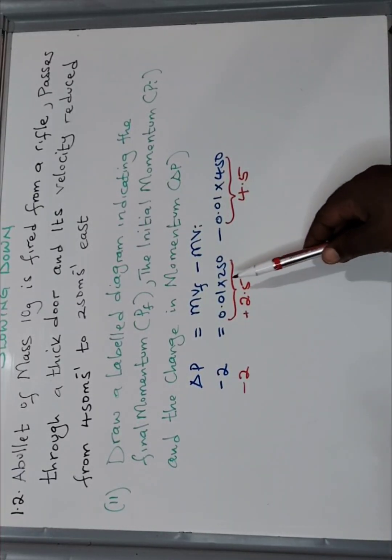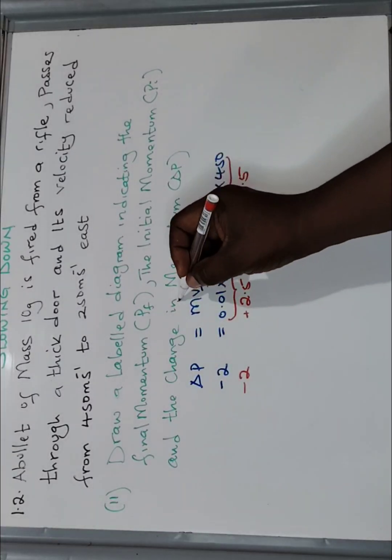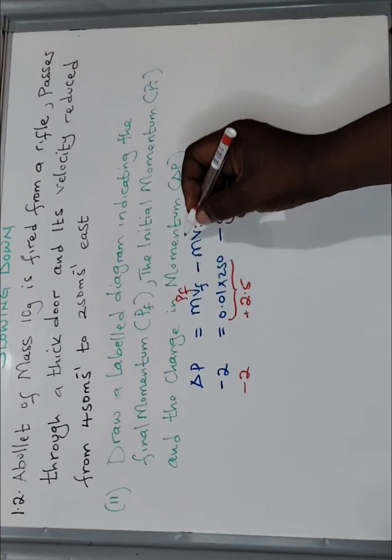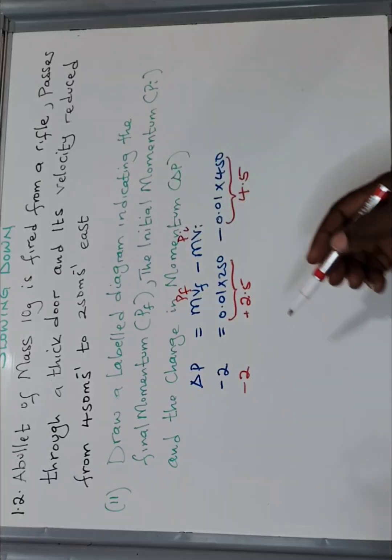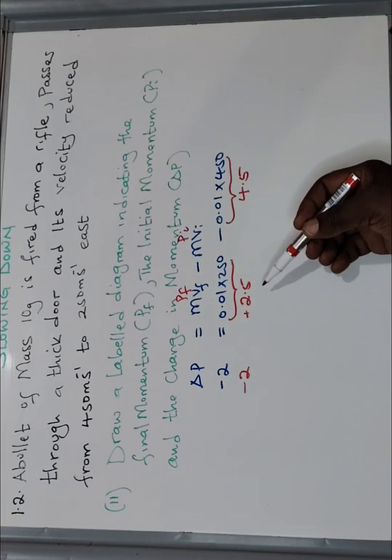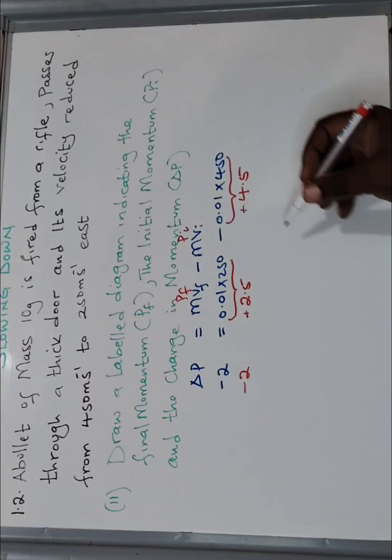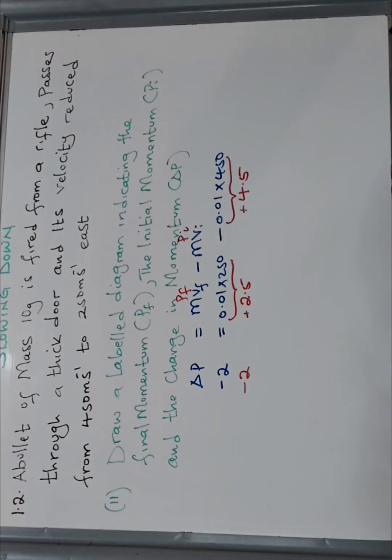And you have our PF. Remember, whatever you have here is PF. And whatever you have here is PI. So our PF is positive 2.5. And our PI is positive 4.5.